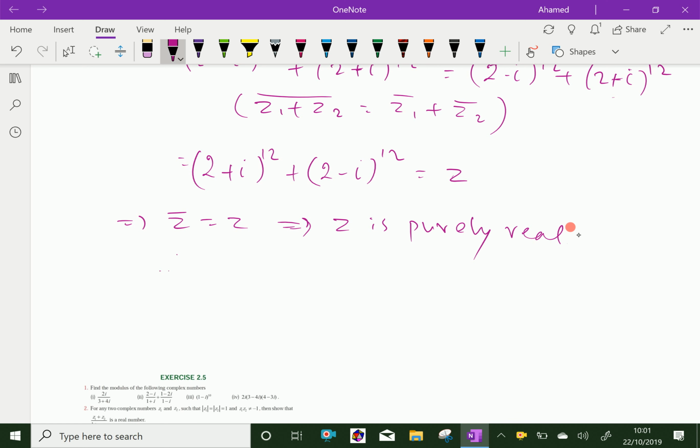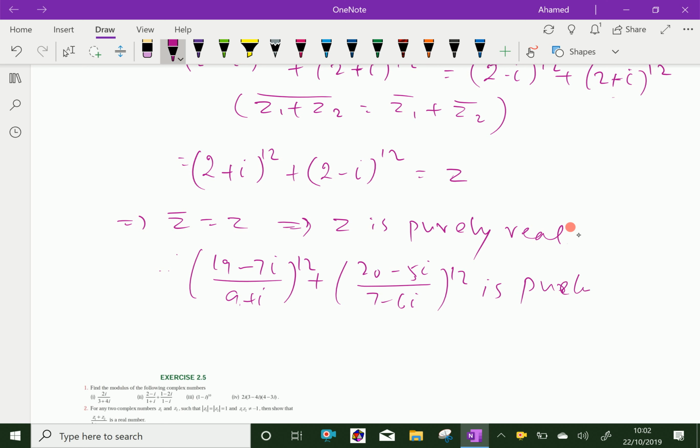Therefore the given complex number, that is ((19 − 7i)/(9 + i))^12 + ((20 − 5i)/(7 − 6i))^12, is purely real.